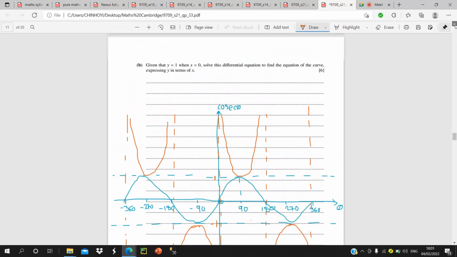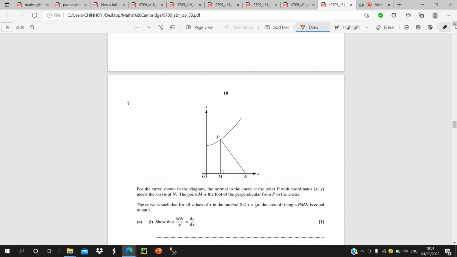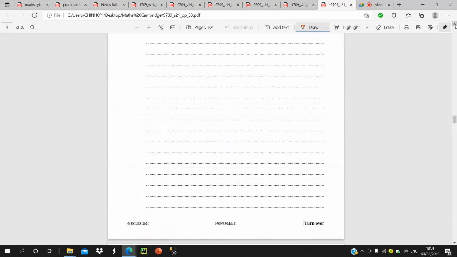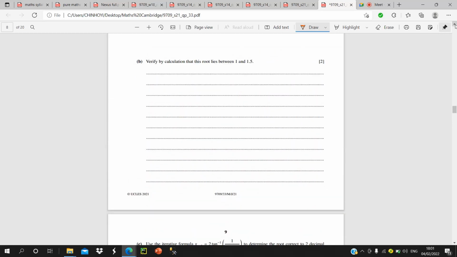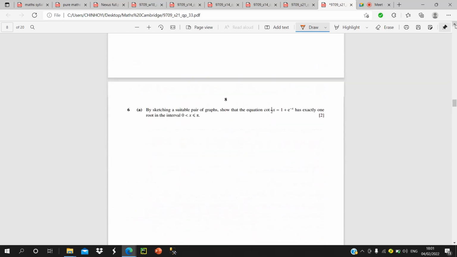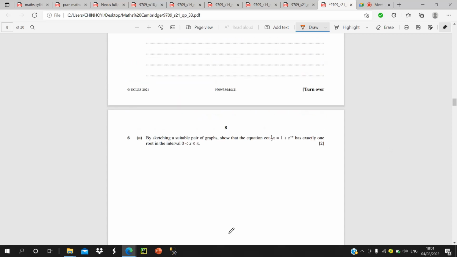We were required to sketch the graph of cot within this interval.